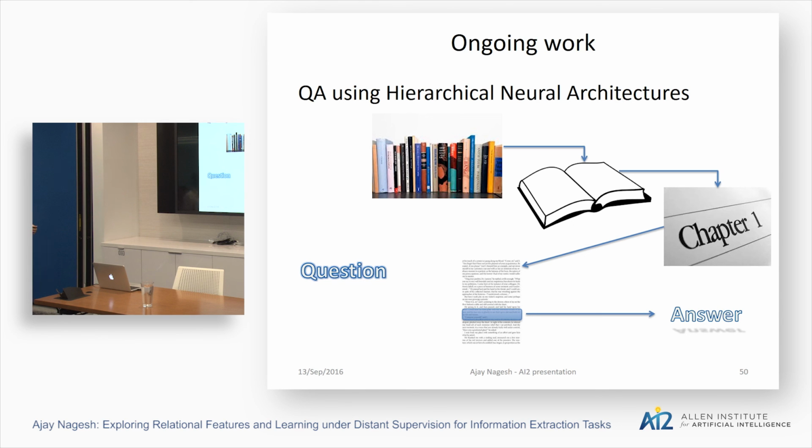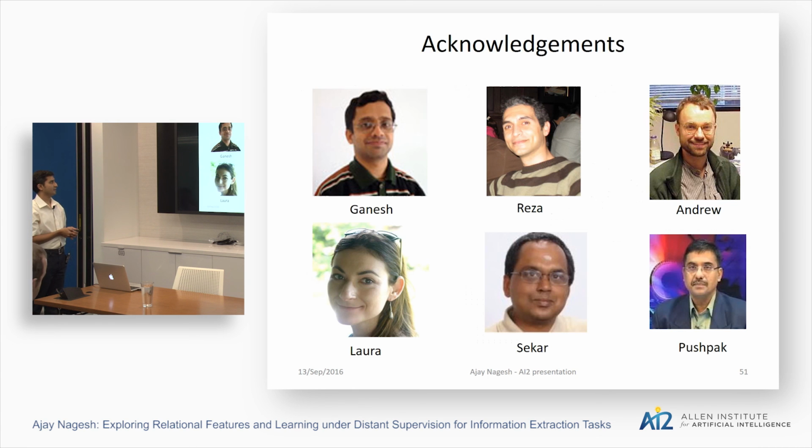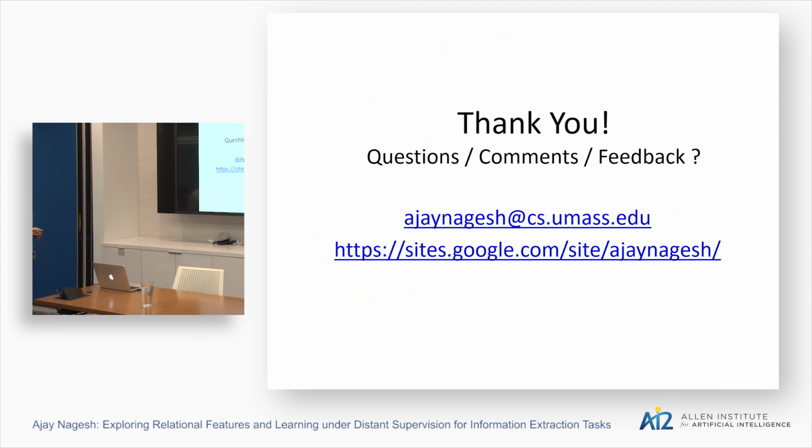So to devise this kind of a hierarchical architecture with attention mechanisms at various phases, and this is again some very preliminary work, and acknowledgements to my collaborators and my advisors. Thank you.